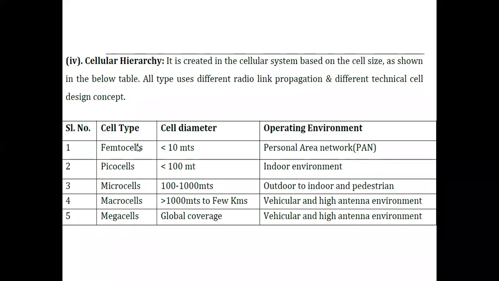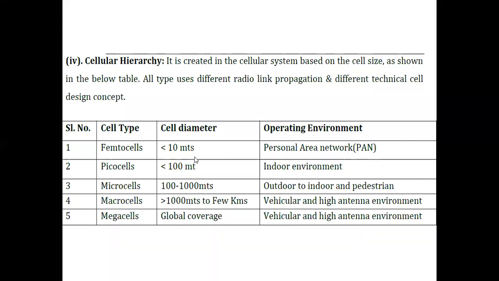If the cell type is femtocell, the cell diameter will be less than 10 meters, and this is used in a PAN, a personal area network. The next type is picocells, which cover an area less than 100 meters and are used for the indoor environment.